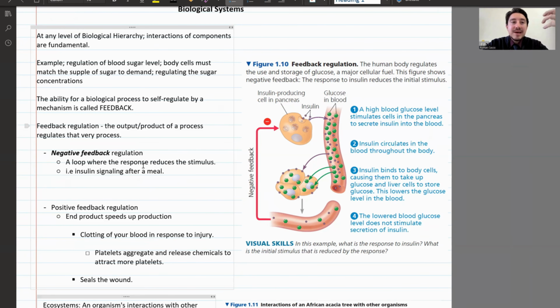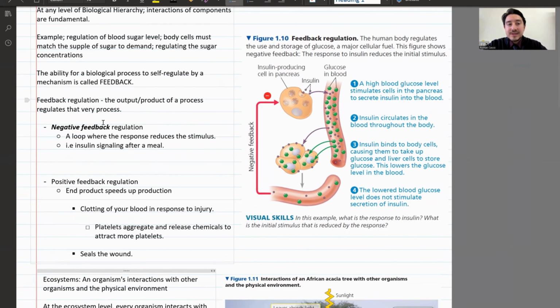Some examples of these interactions and responses could be regulation of blood sugar levels, right? Body cells must be having a necessary level of sugar for the work that they're doing inside the cells, right? So the body has to be regulating sugar concentrations. If your sugar level's too low, you need a way to bring it back up and so forth. So the ability to regulate biological processes is referred to as feedback, a feedback mechanism.